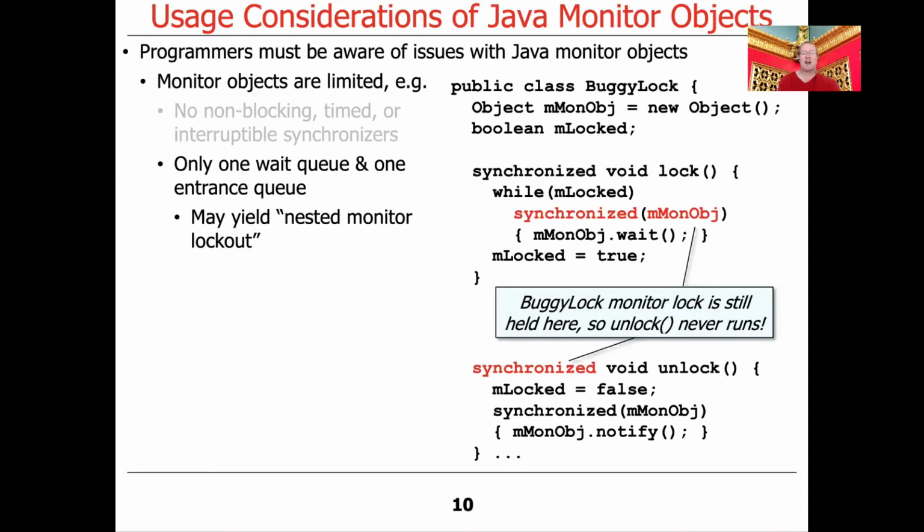And then what happens here is while locked is true, we're going to synchronize on monObj. But the problem is that lock still holds the intrinsic lock, and therefore unlock can never run because nobody can get inside of unlock because it's got the lock held.